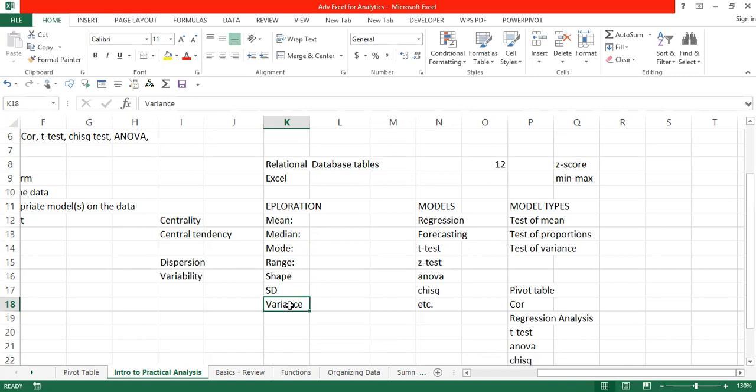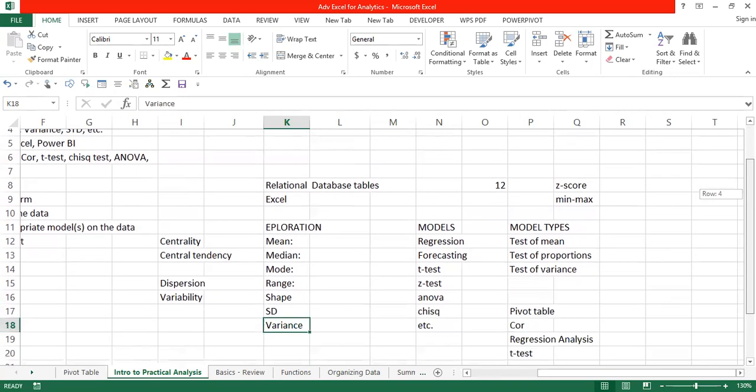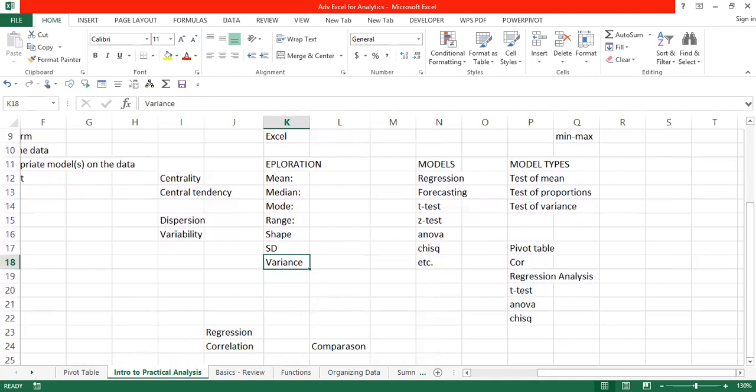Okay. Then the third statistical measure is called the measure of position. Measures of position. That's where you have ranking, ranks.